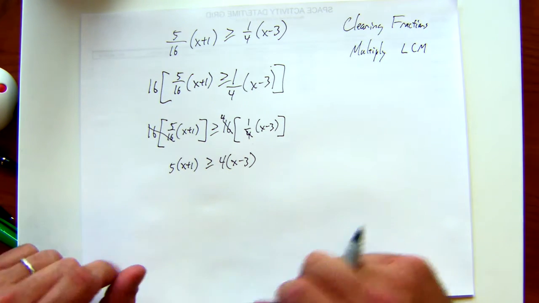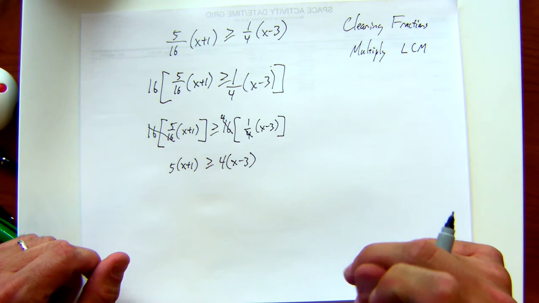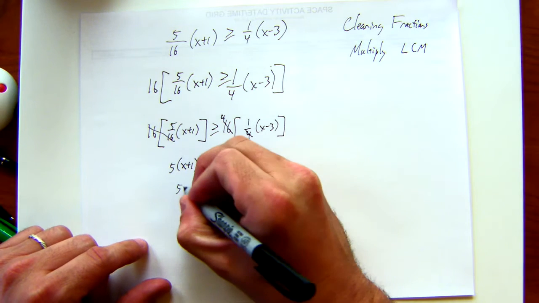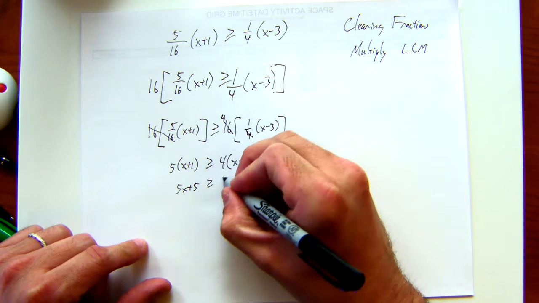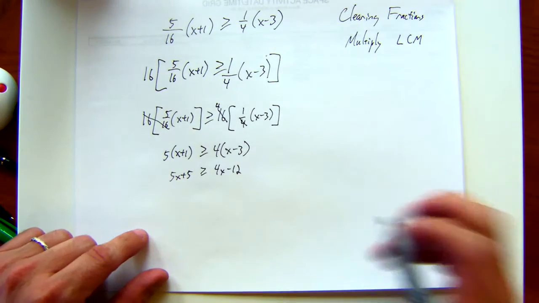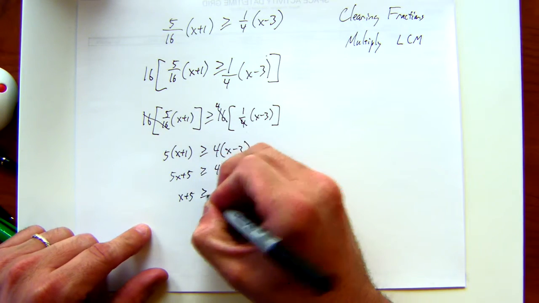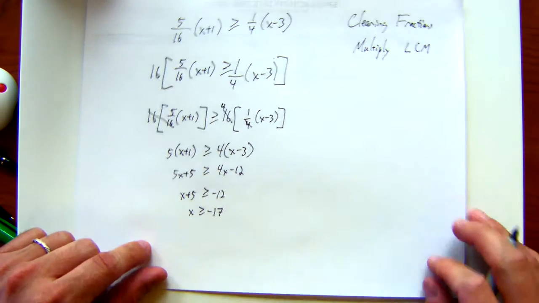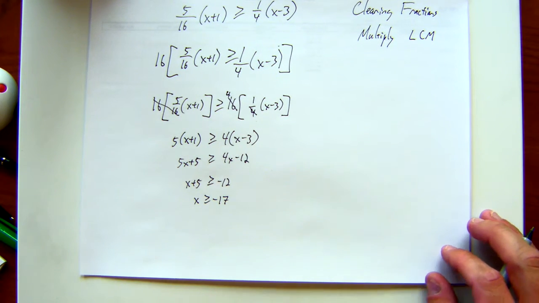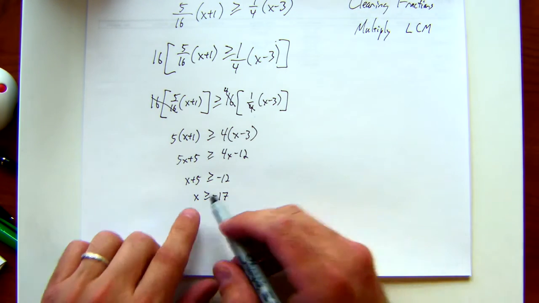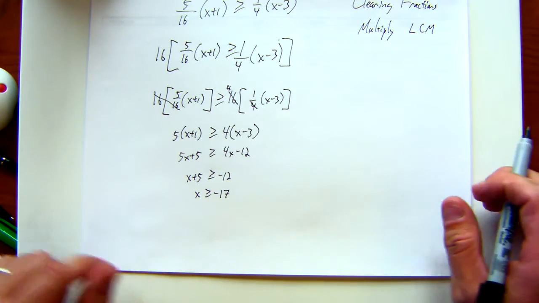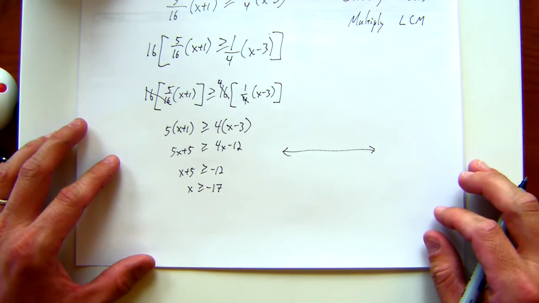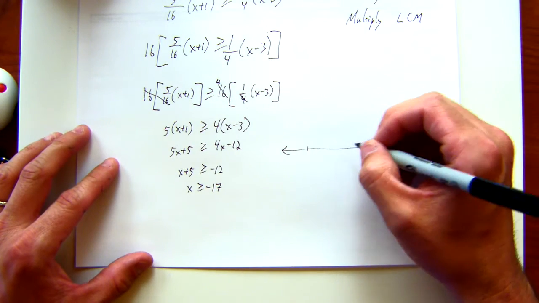So everyone try to solve this now. We want to get x is greater than or equal to negative 17. Okay, so draw the graph. You don't have to always draw a graph to scale.